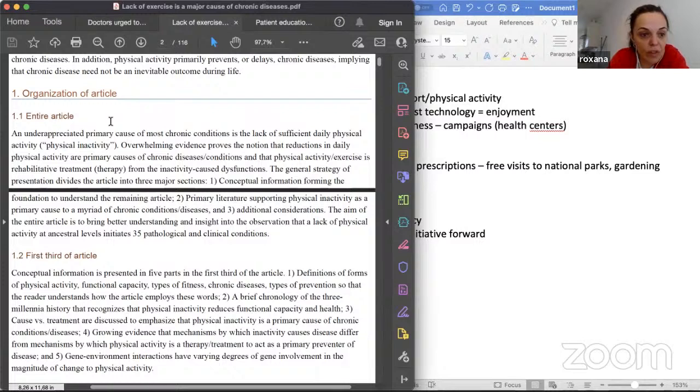The general strategy of presentation divides the article into three major sections.